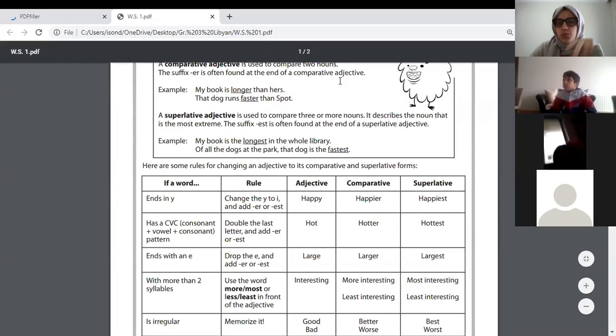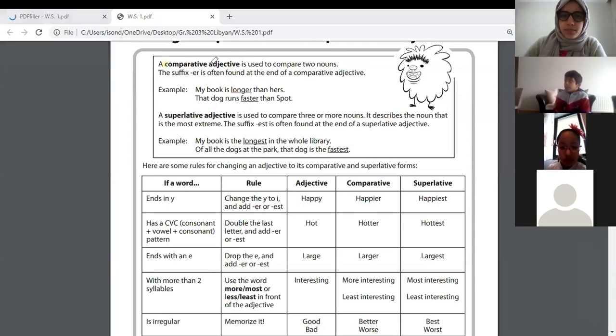So we're going to learn a few examples. I'm going to use a few examples to compare between nouns. So I'm going to use my highlighter here. If you remember, comparative adjectives can be identified when we add ER at the end of the words, and we use them to compare between two nouns.